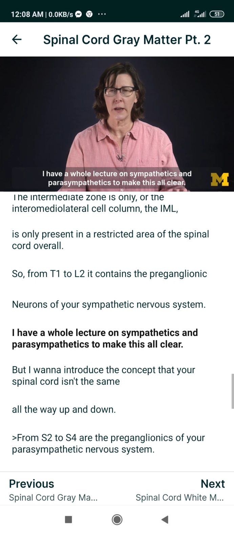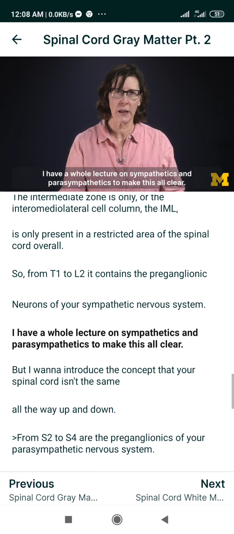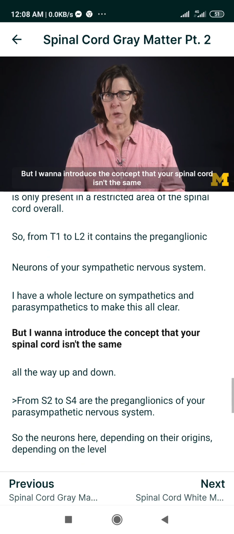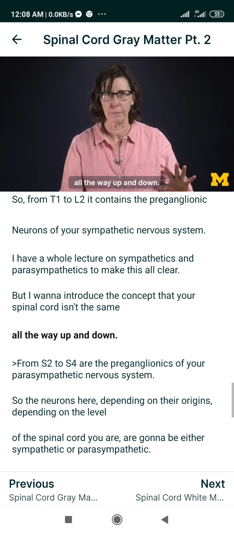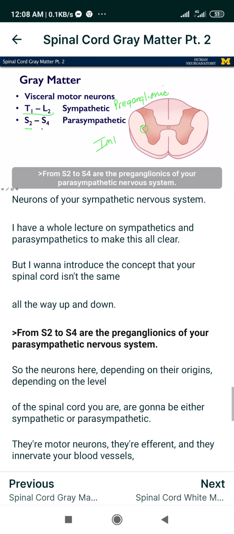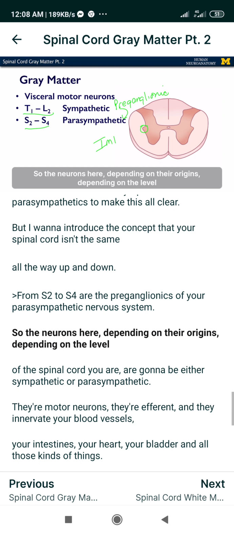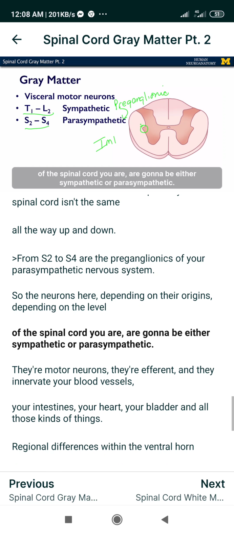I have a whole lecture on sympathetics and parasympathetics to make this all clear, but I want to introduce the concept that your spinal cord isn't the same all the way up and down. From S2 to S4 are the preganglionics of your parasympathetic nervous system. So the neurons here, depending on their origins, depending on the level of the spinal cord, are going to be either sympathetic or parasympathetic.